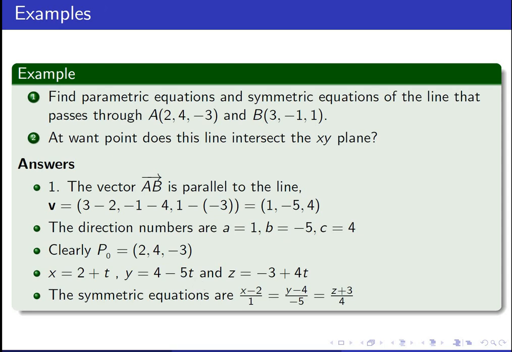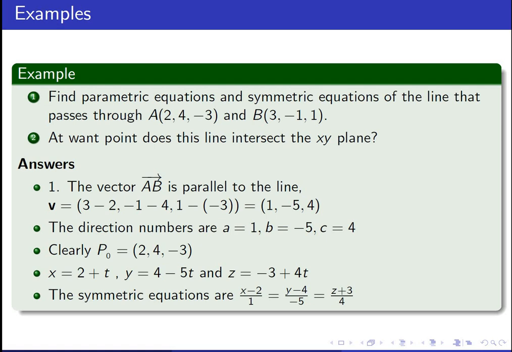We have more examples here just to clarify the concepts that we have just discussed. So we need to find the parametric equations as well as the symmetric equation of a line that passes through A and B, right? So what we need to do is to find the direction.